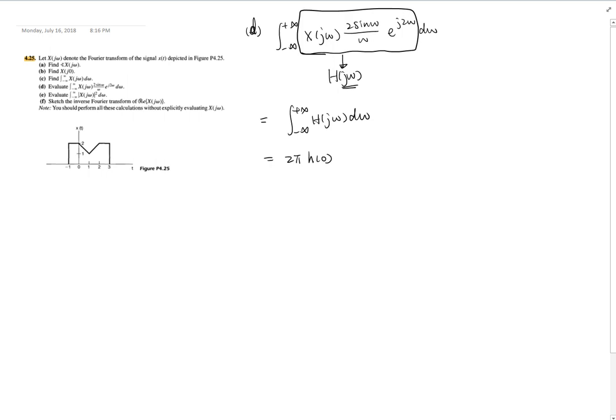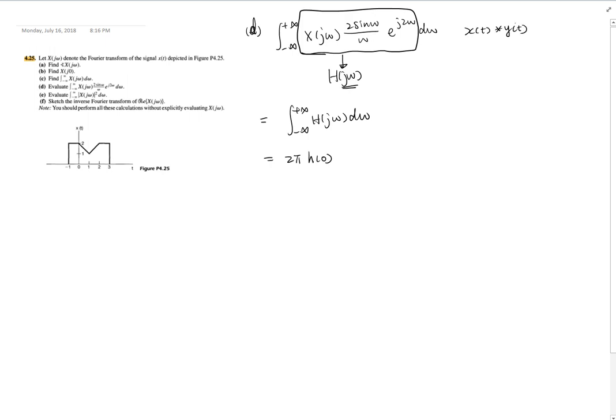So our goal is to find h(t). To find h(t), we have to find H(jω) first. To find H(jω), we use the convolution property. Recall what the convolution property is?